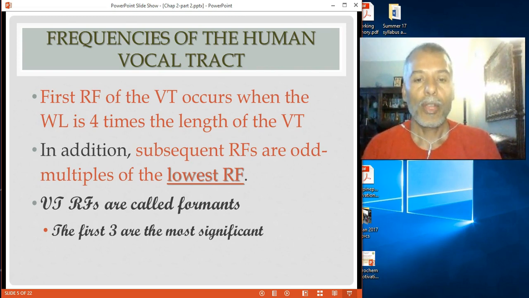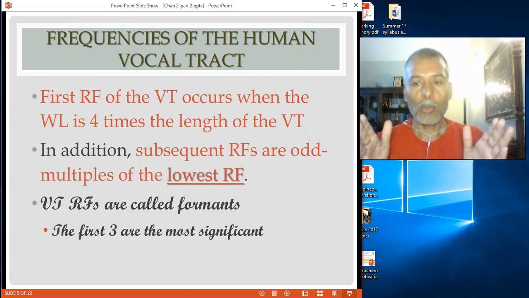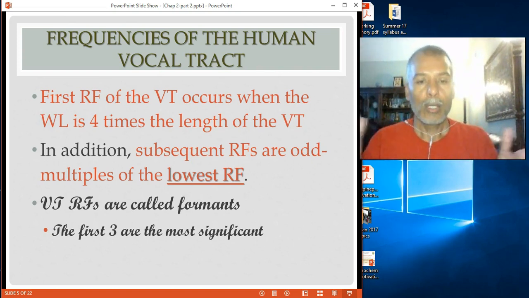Sometimes we look at the fourth one when we study vowels, but the first three formants in the vocal tract are the most important, the loudest. They make up most of what you hear.